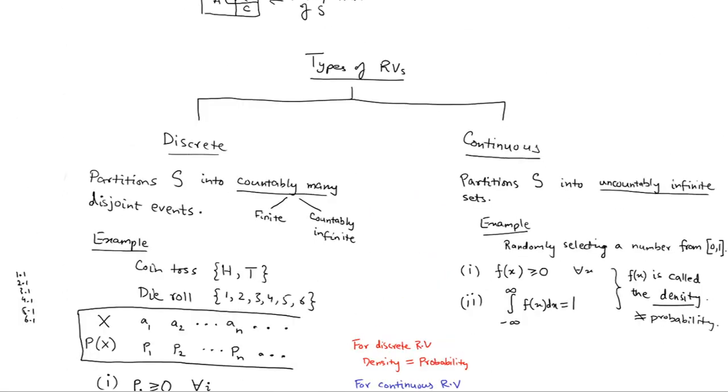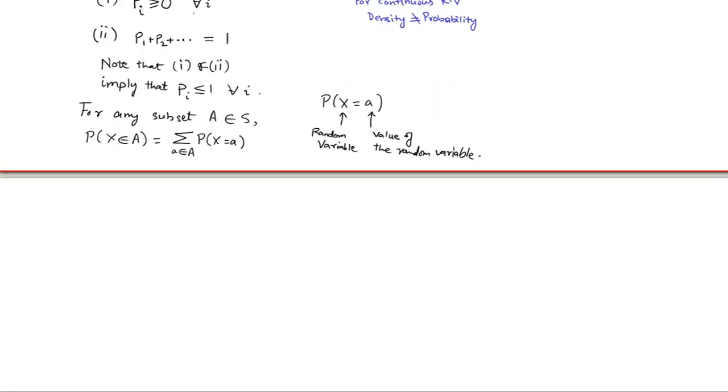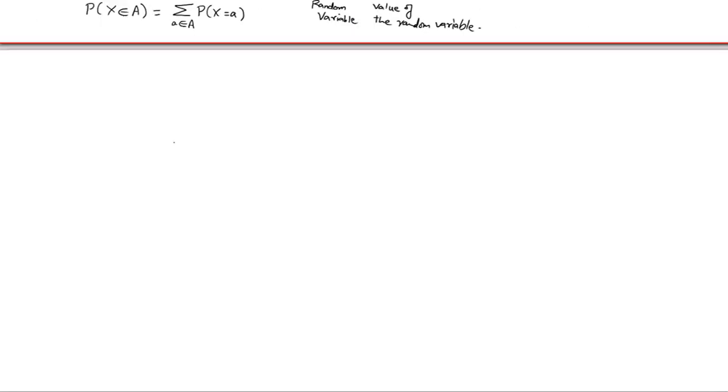Now, this whole lecture is only for discrete random variables. Today's lecture only covers discrete random variables. There is a fourth way of looking at a random variable. We've done 3 so far.